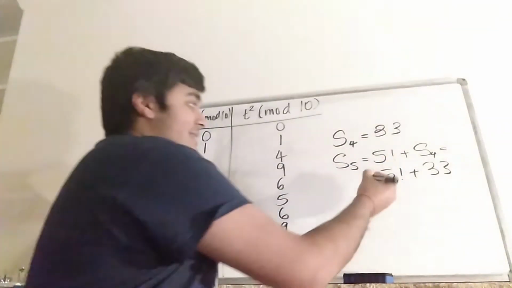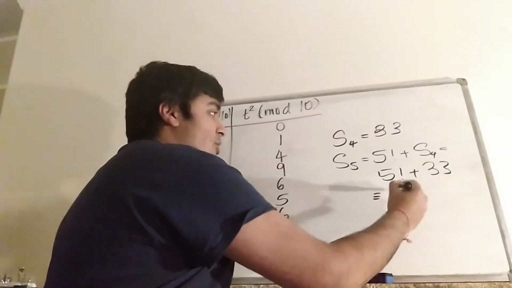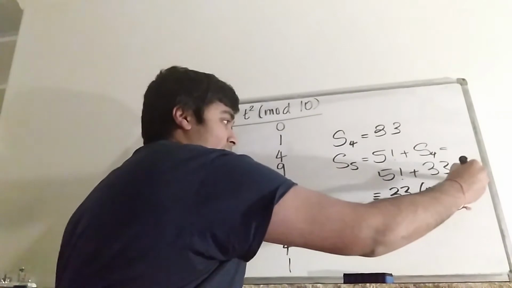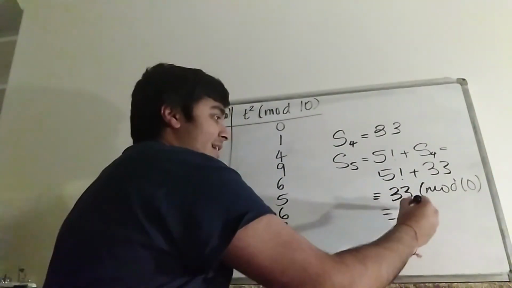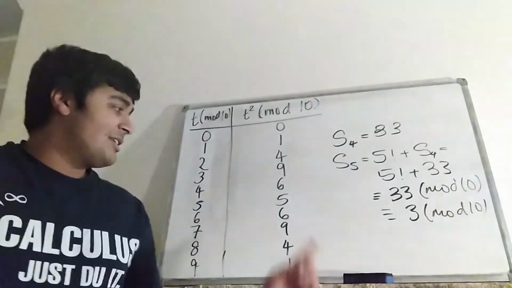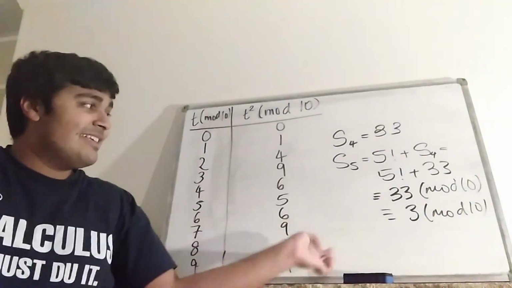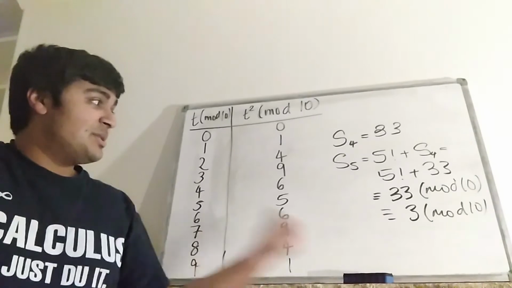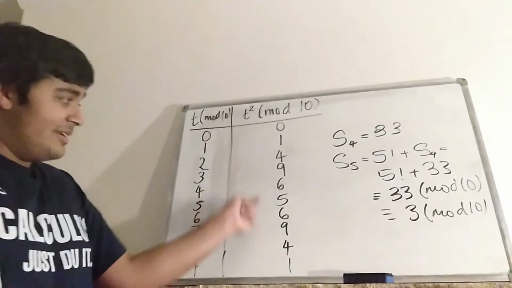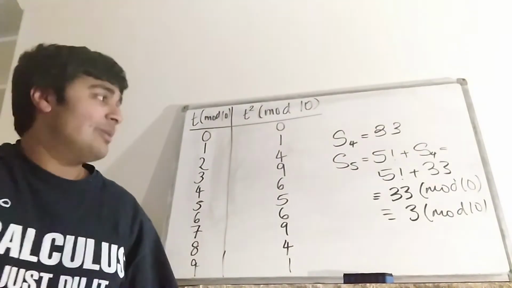So when I look at it mod 10, this number here is going to be congruent to 33 mod 10, which is obviously the same thing as 3 mod 10. Okay, but because there's no 3 in this column here, there's no natural number which when you square it, you're going to get S5. Because if you would, then 3 would certainly have to appear in this column here.